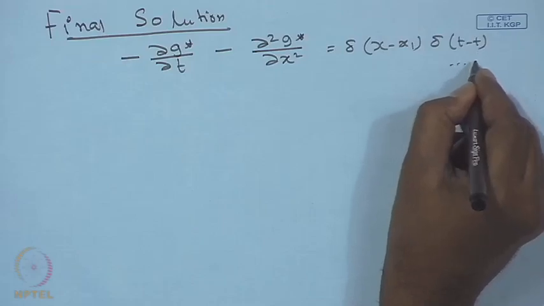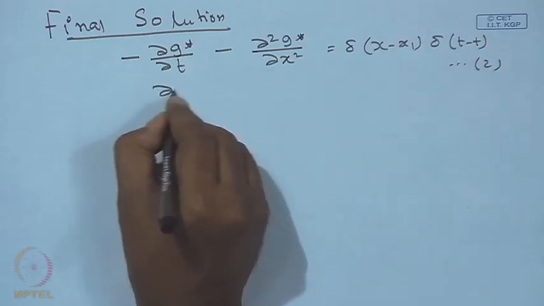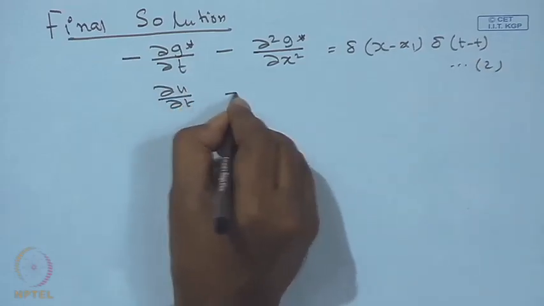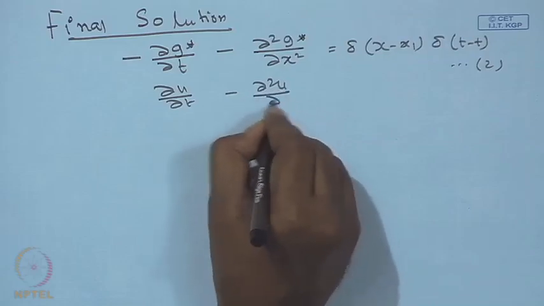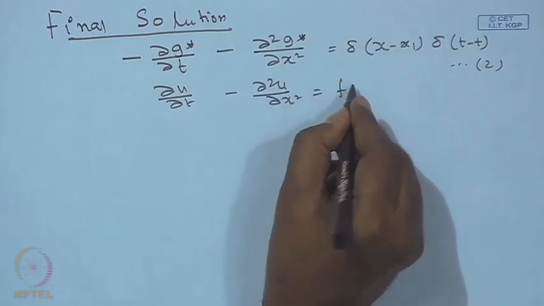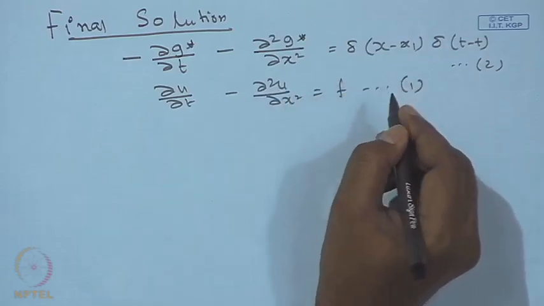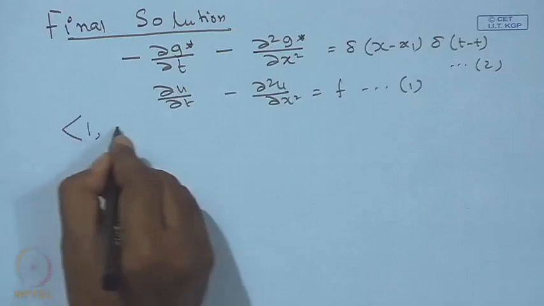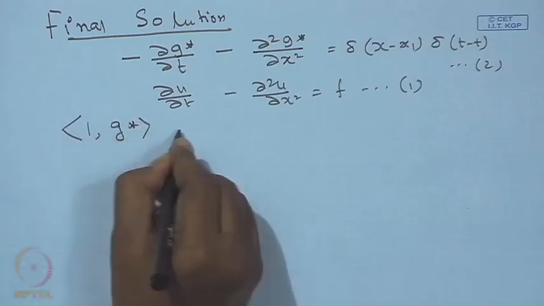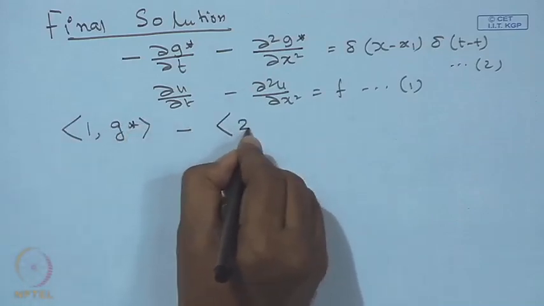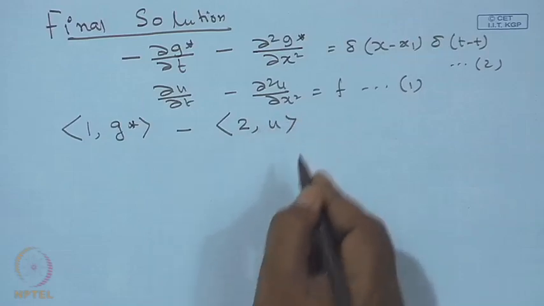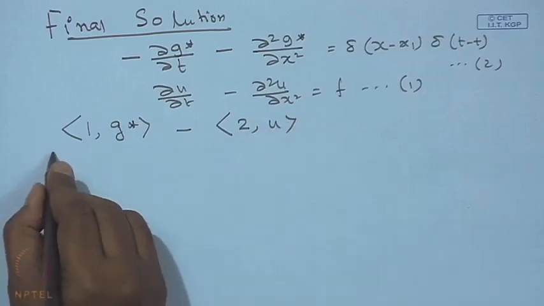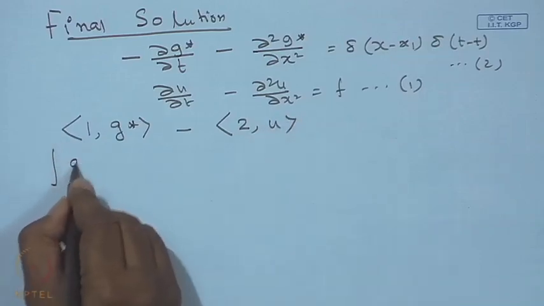This is equation number 2, and del u by del t minus del square u by del x square is equal to f. This is equation number 1. Then what we do? We take the inner product of 1 with g star and of 2 with u, and then subtract.